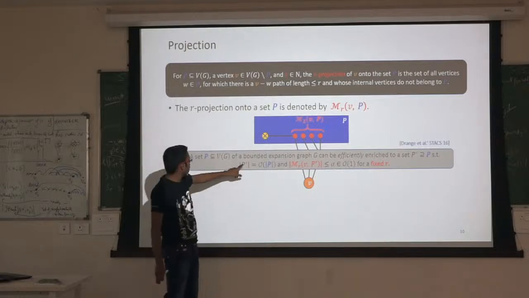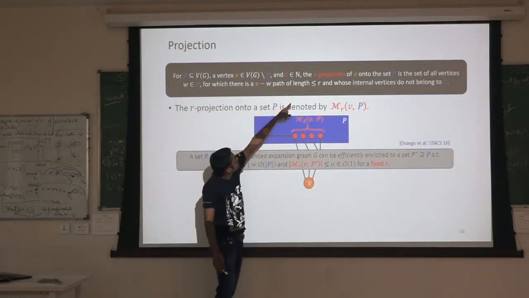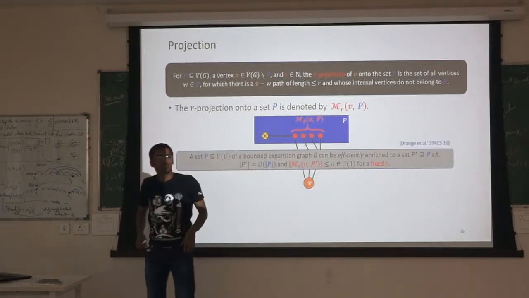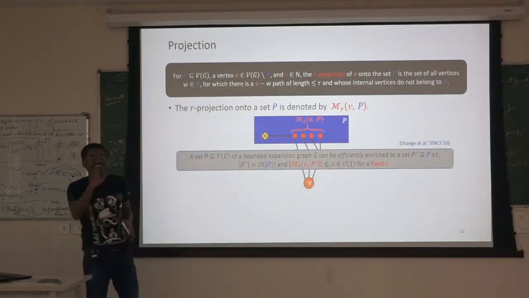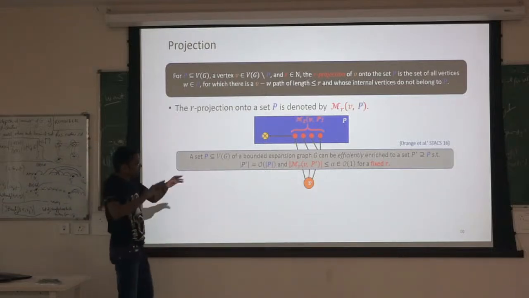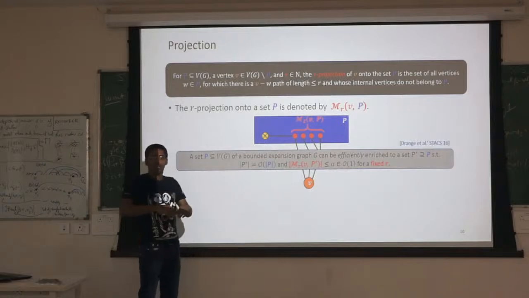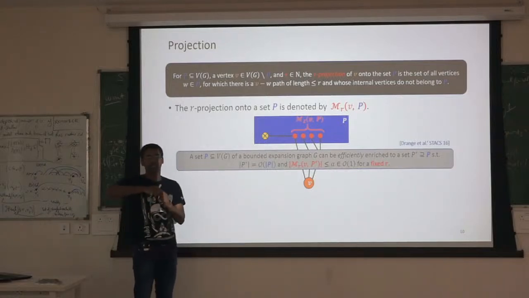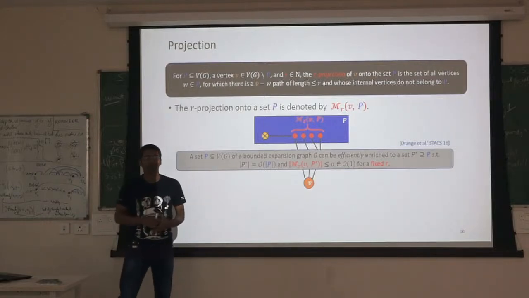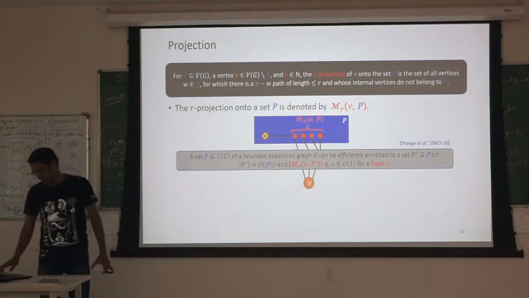Yes, it is a function of R, but we already assumed R is fixed. So this is a constant in that sense. Of course, alpha is a function of R, but for a fixed R, it is a fixed number. That's why in lots of applications where you look at a distance R dominated set, for a fixed R, you can compute this kind of set, and then this set is helpful. Let's see how it is helpful.